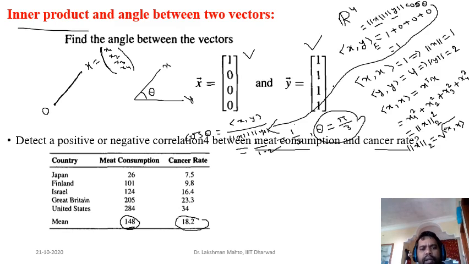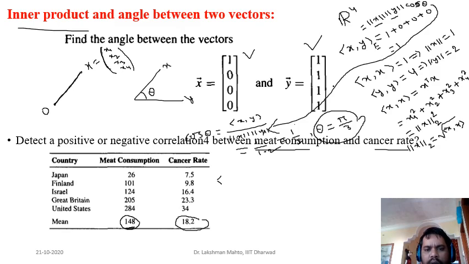Now tell me, whether these two are positively correlated or negatively correlated. To do that, you will perform a cosine similarity. Cosine similarity is nothing but finding the inner product. So find the inner product between these two.